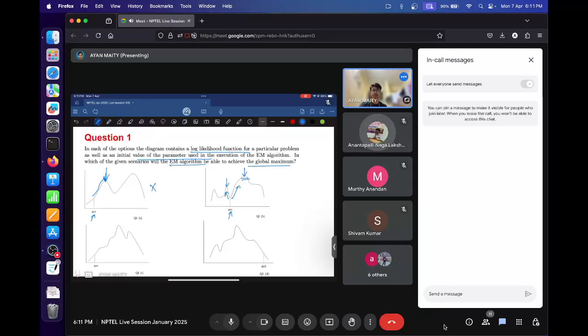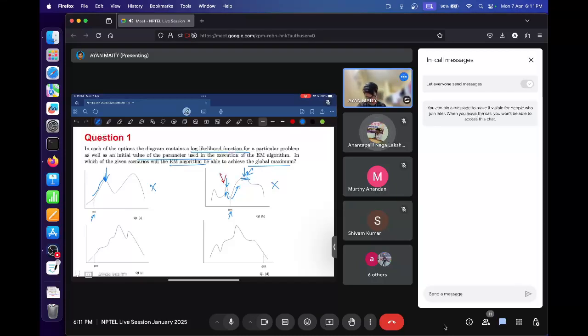We don't know which side it will search first. So in this second scenario, it is not guaranteed that the EM algorithm will be able to reach the global maximum.